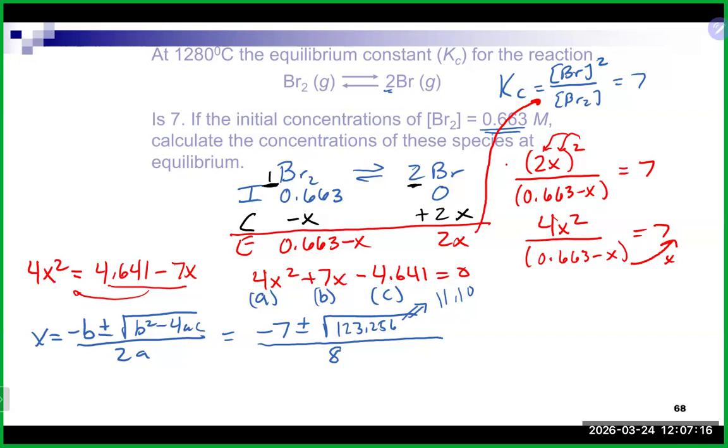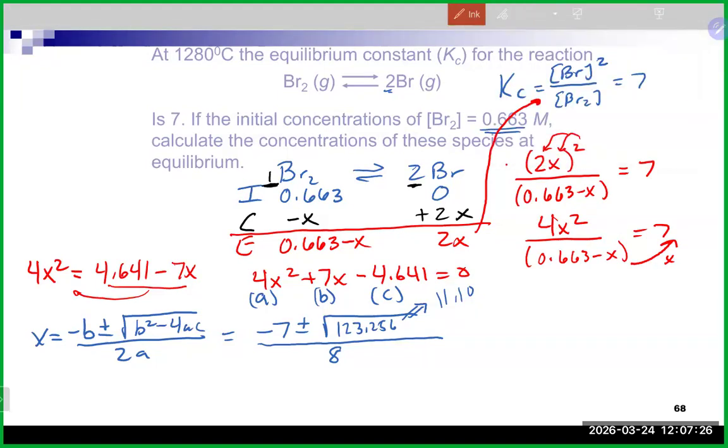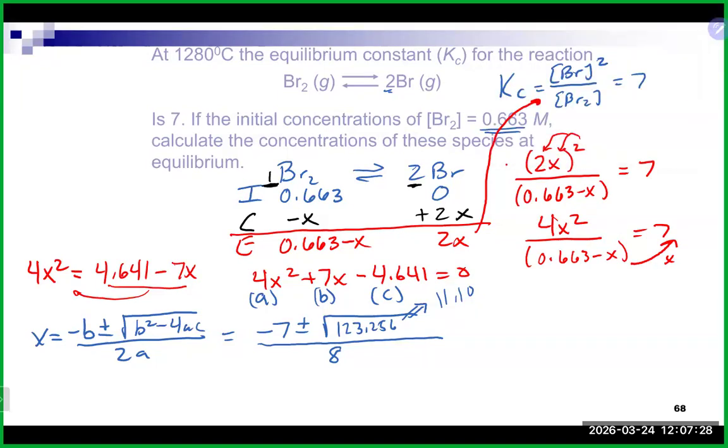At this point, this is where we're going to get basically our 2x values, one doing the plus and coming back, and one answer doing the minus. So taking the plus root first, that's going to be minus 7 plus 11.10, divided by 8, going to give us an x value of 0.513.